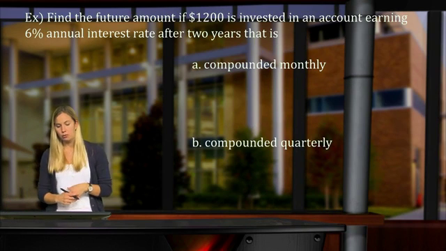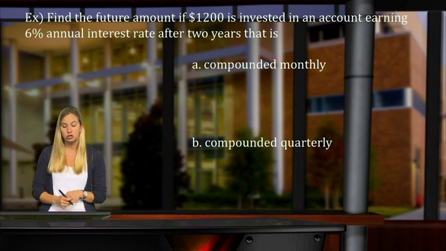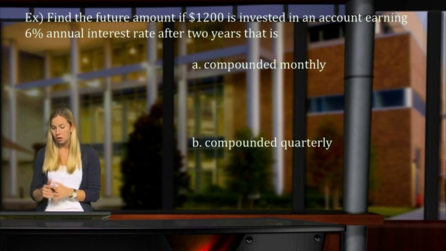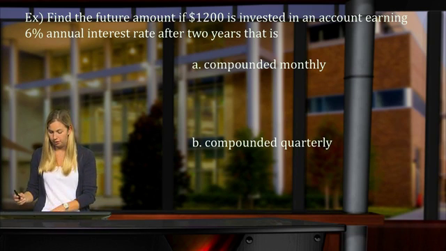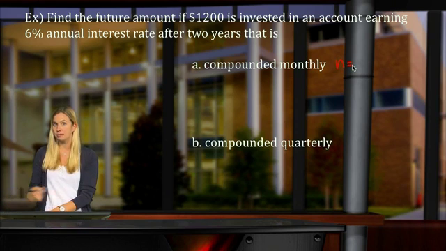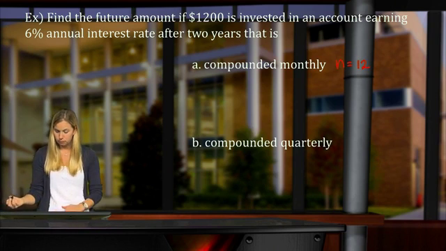Find the future amount if $1,200 is invested in an account earning 6% annual interest after 2 years that is compounded monthly. If my account is compounded monthly, what is the value of N, where N represents the number of times it's going to be compounded per year? Well, there are 12 months in a year, so N is going to equal 12.